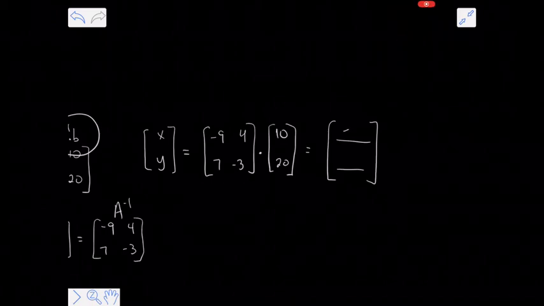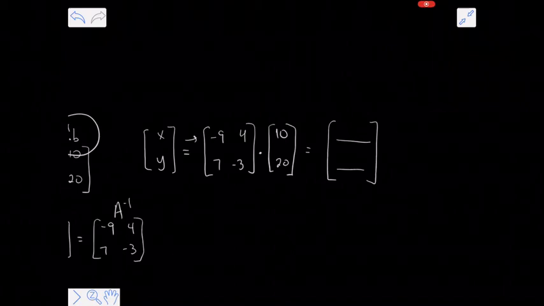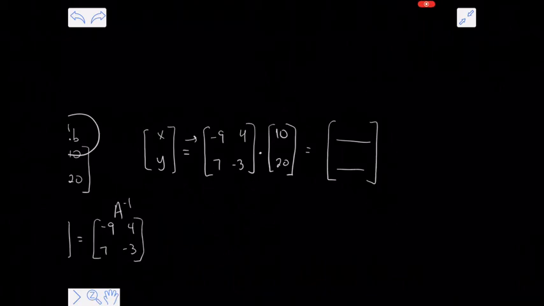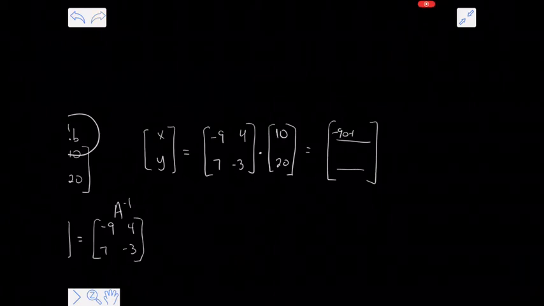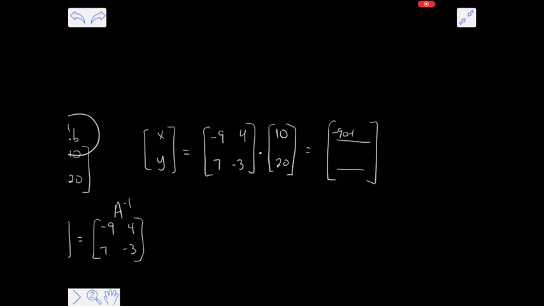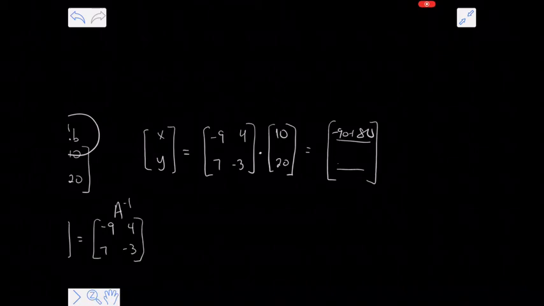So this first entry here is row 1, column 1. So row 1, column 1, go across the row, down the column. So -9 times 10 is -90. And then 4 times 20 is 80. Now for this entry here, it's row 2, column 1. So I need row 2, column 1.